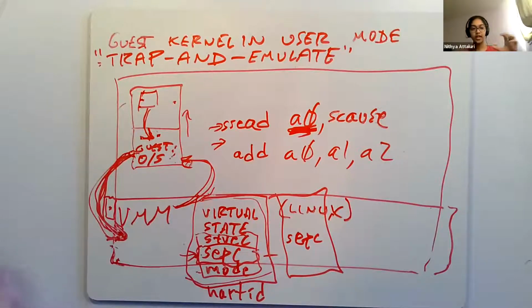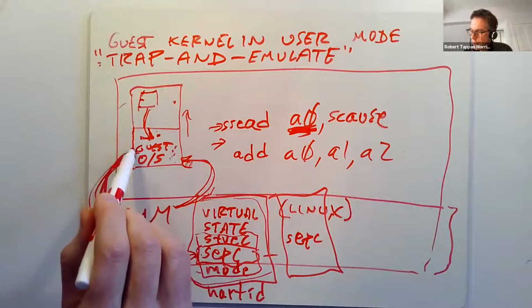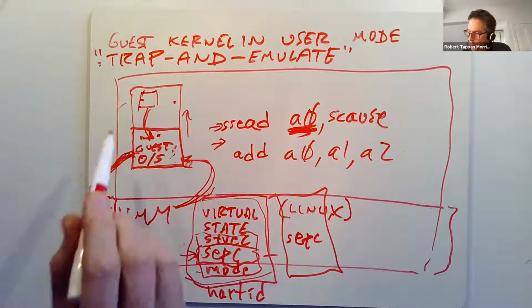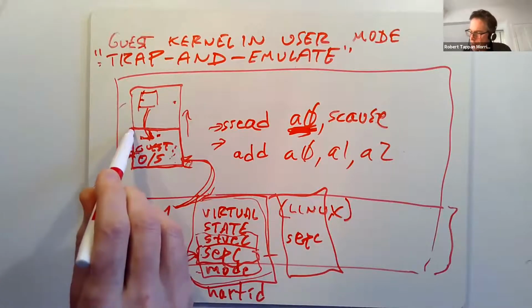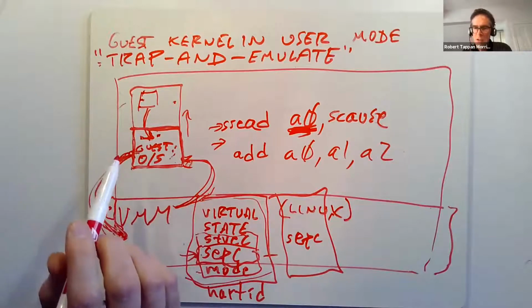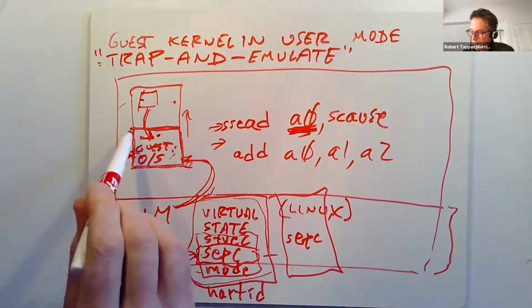Okay, so is there a semblance of user mode and kernel mode in the guest OS? Yes, the guest operating system is unchanged. So what we're running up here is exactly the Linux kernel or exactly the XV6 kernel. And of course, the XV6 kernel knows it's running in supervisor mode. Of course, it's not really, but as far as the code is concerned, it's definitely running in supervisor mode.